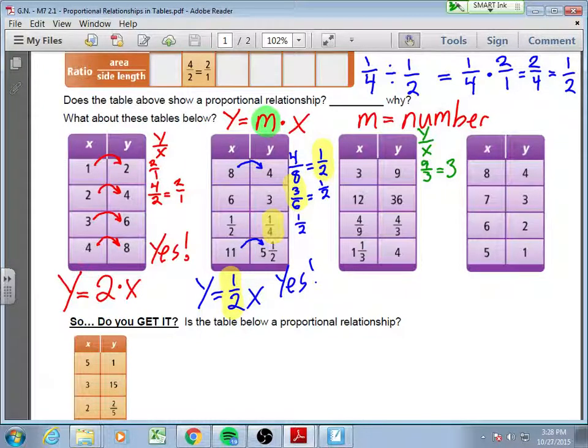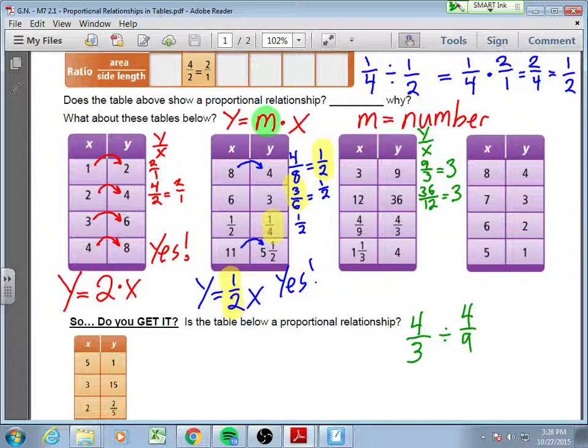So y divided by x, 36 divided by 12. What's 36 divided by 12, Alex? 3. Now, you don't have space here, but my y, 4/3, divided by my x, 4/9.